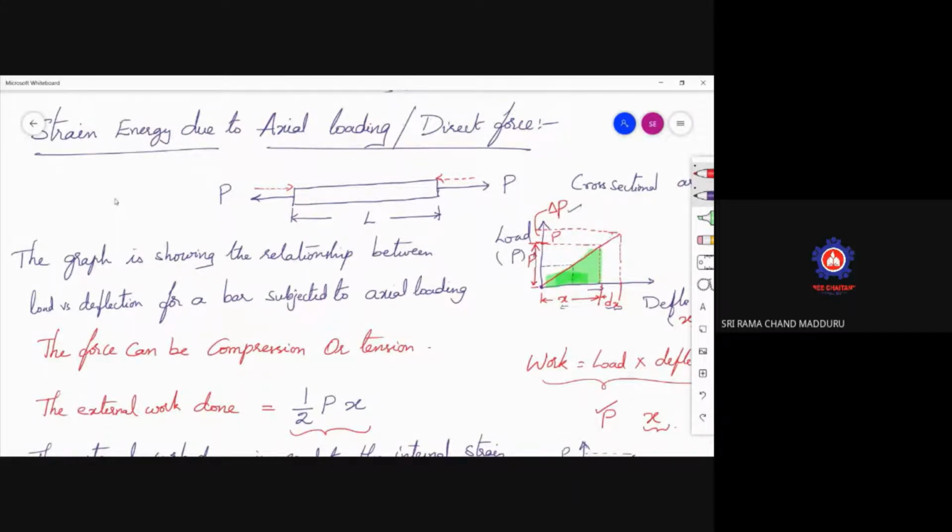Now, we have to calculate the external work done. We know that work is nothing but force into displacement, or here deformation or displacement, that is either rotation or deflection.